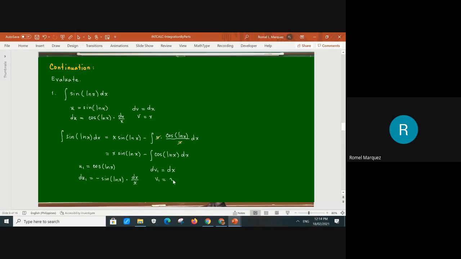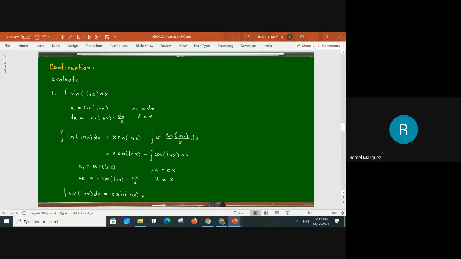So we get what integral, guys? What integral do we get? We get integral of sine of ln x dx is equal to x sine of ln x. I have to copy this first.